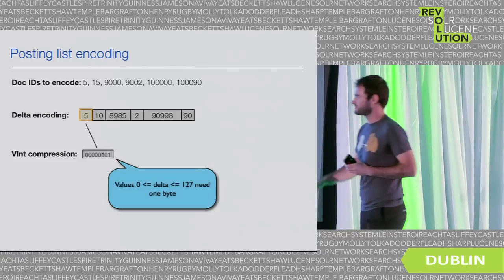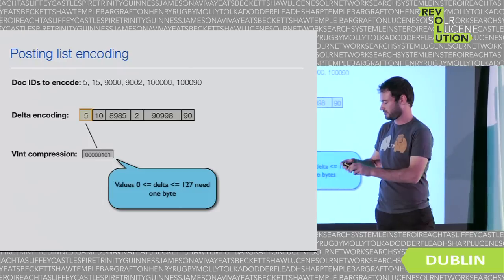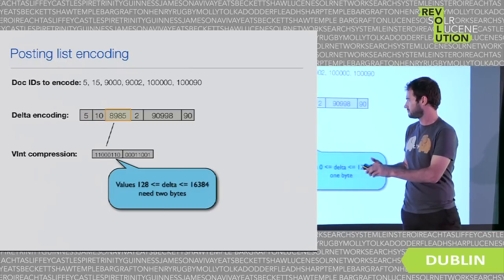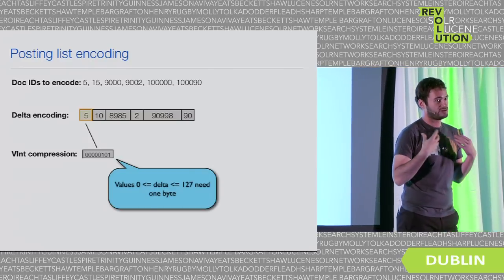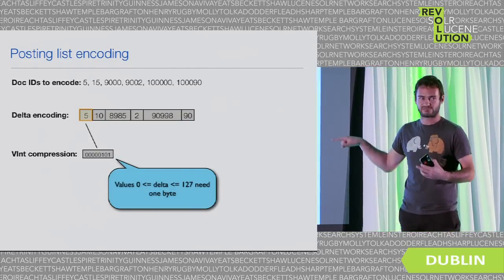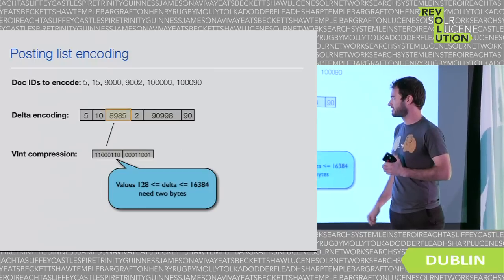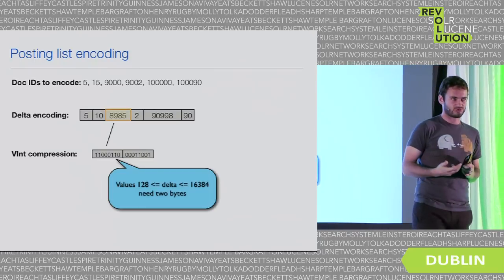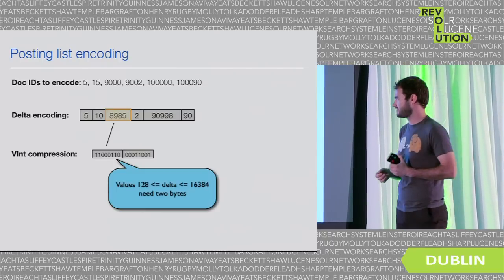So for example, if you want to store the number 5, the first bit is marked 0, so the decoder knows, okay, I only need to read this one byte, and then I know what the value is. I don't have to read the next byte. However, if you store a bigger number like 8,000, that doesn't fit into 7 bits, obviously. 7 bits can only store a number up to 127.